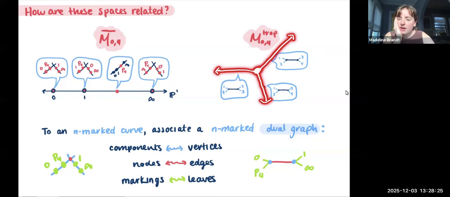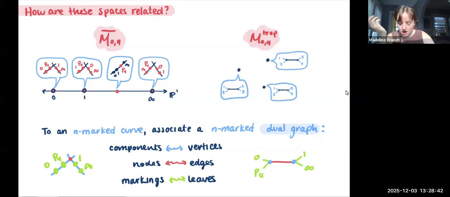The difference between these two perspectives is that to take the picture that's currently there and recover the one that I had, you just take the link of this space, so intersect it with a sphere. And conversely, if I want to get the picture that I was just drawing you, then I would just take the cone over the picture that is currently on the screen to get back the 3 rays.